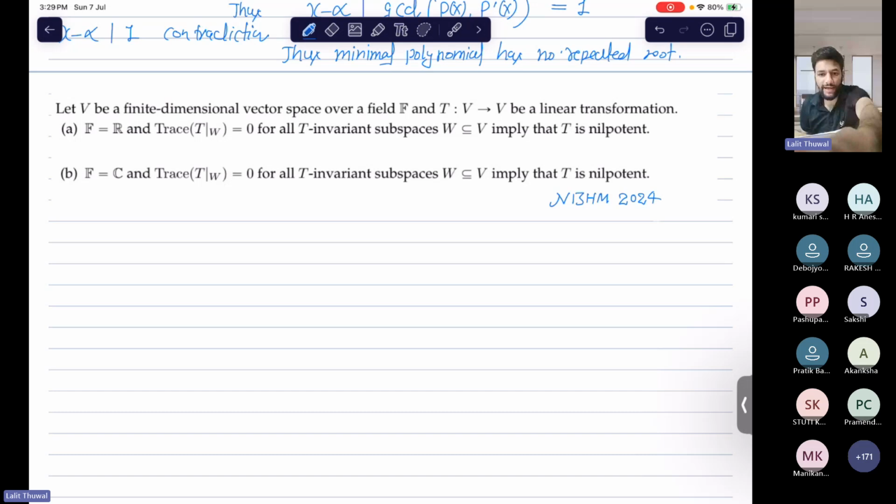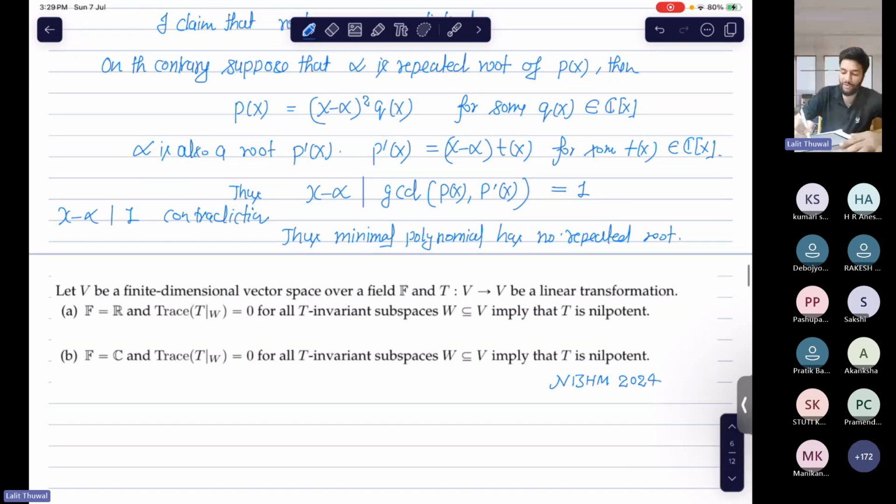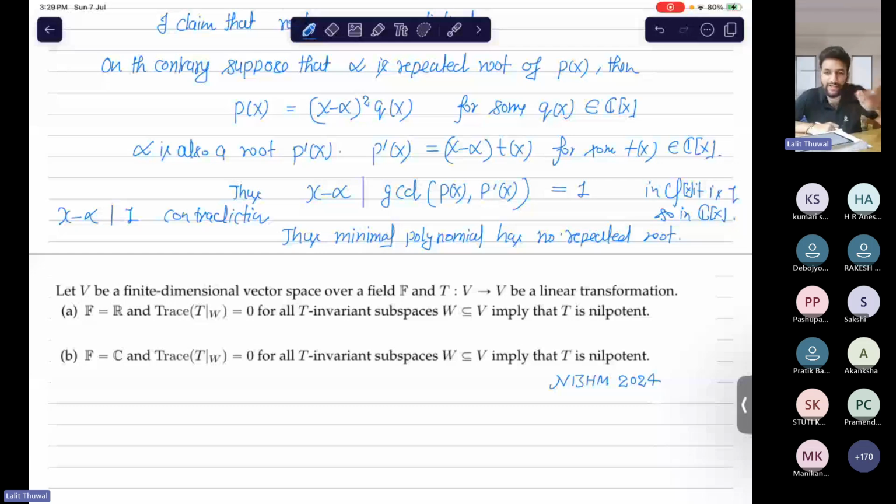But x minus alpha is a common divisor, right? It is a common divisor. So what I have given, let me write it here: over Q it is 1, in Q[x] it is 1, so in C[x]. I have given a general exercise also, right?